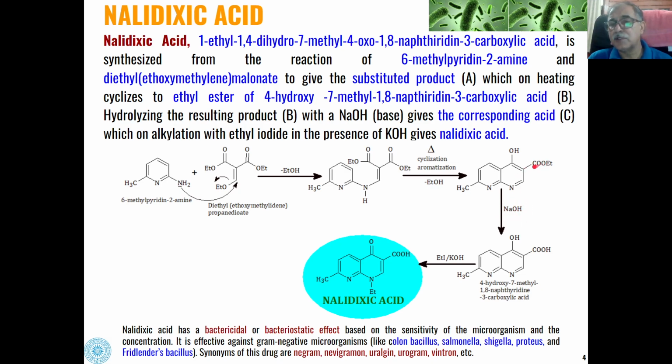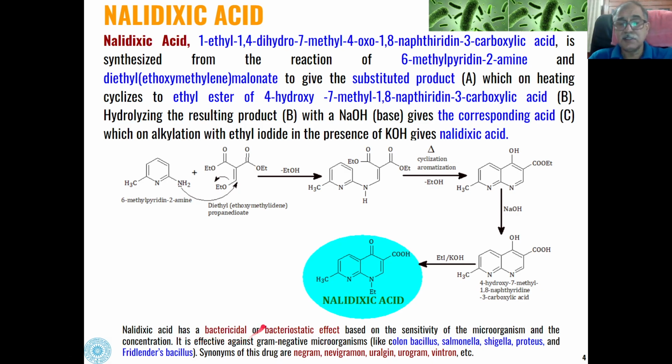Under basic medium, this ester group will be hydrolyzed to carboxylic acid, and then with ethyl iodide, N-alkylation will take place at this nitrogen with the movement of this hydrogen from here. This will go to this place, ethyl will get attached to this, and HI will be removed. So this is how nalidixic acid is synthesized.